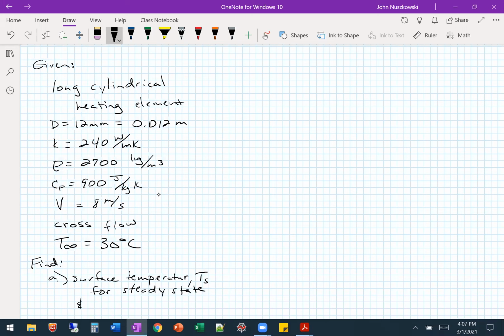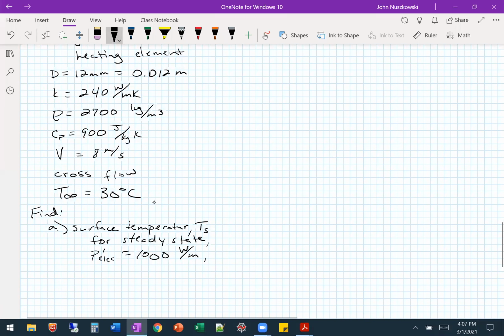For steady state, P electric is 1,000 watts per meter, and neglect radiation.